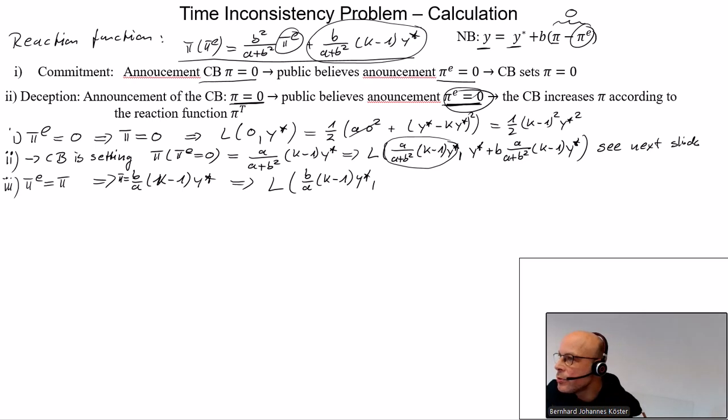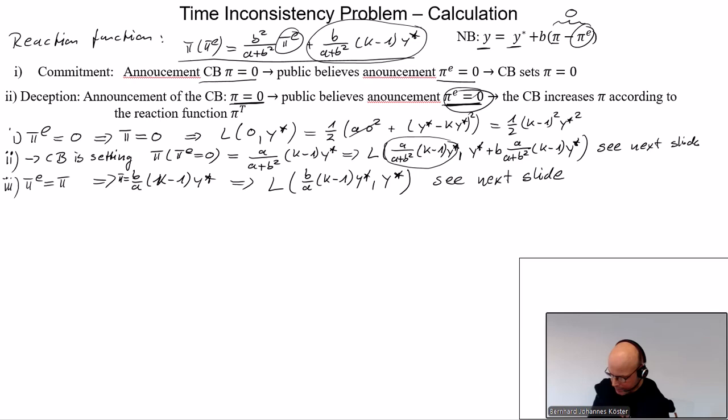So they assume this increase of inflation rate, this incentive. So this part is 0, and again, this is set to potential output. And also see next slide.